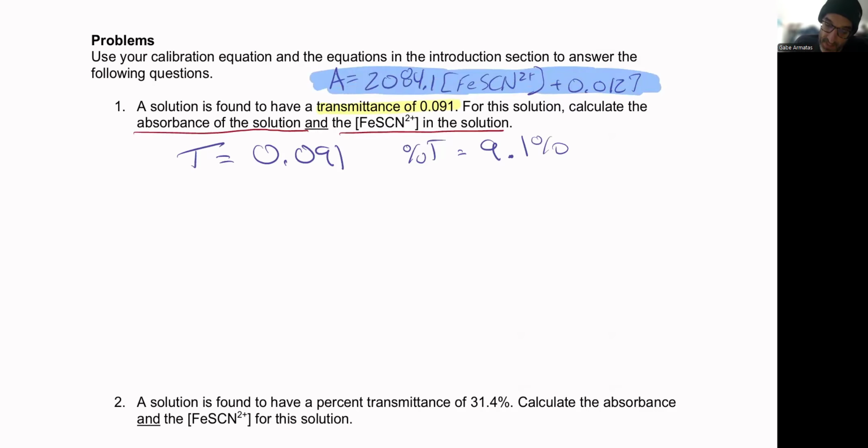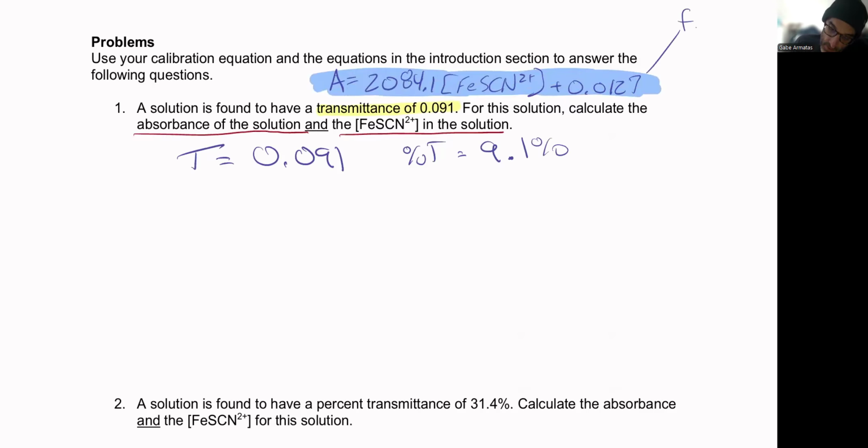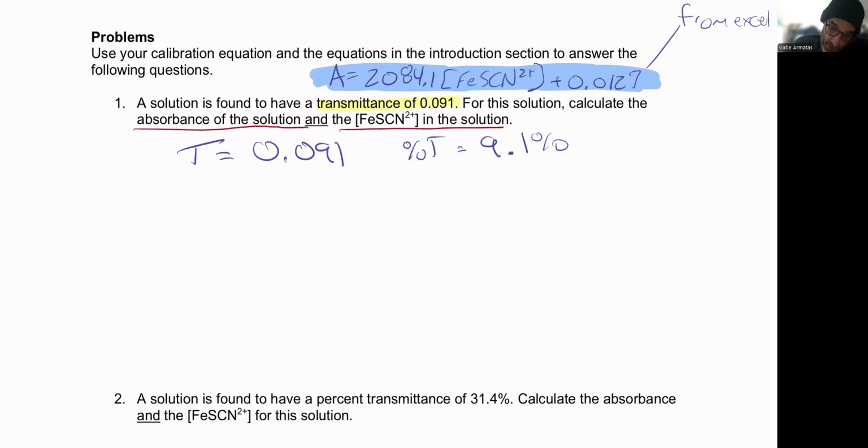This is from the Excel spreadsheet when you did a best fit line for your 5 calibrated solutions, and y equals mx plus b is what you had. So it should be a linear best fit line giving you this formula. On the y-axis you had absorbance, on the x-axis you had concentration of FeSCN2+, and that should allow you to get to it.